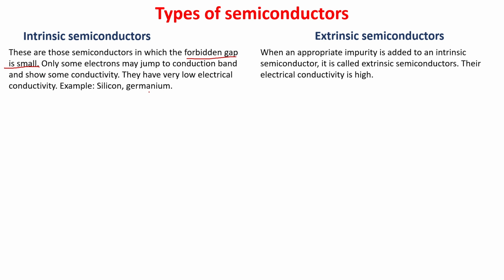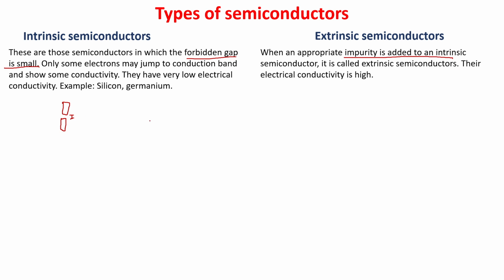Examples are silicon and germanium. While extrinsic semiconductors are those where impurity is added to the intrinsic semiconductor. The conduction band and the valence band have a small gap here.